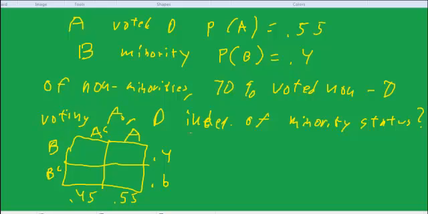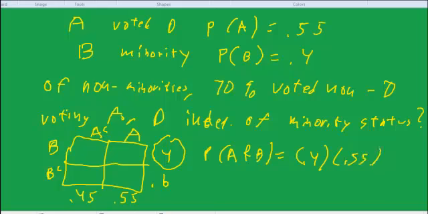Now, a common mistake that students will make is they say, oh, I know what I'll do. I'm missing information inside the box, but I know how to get the probability of A and B. They'll say probability of A and B equals 0.4, which is the probability of B, times 0.55, which is the probability of A, equals, what does that equal? 0.22, something like that.